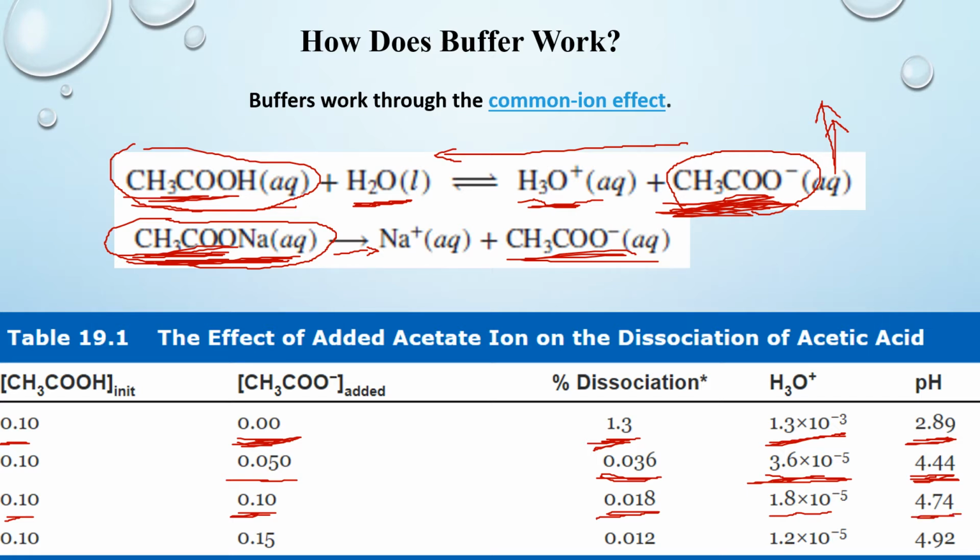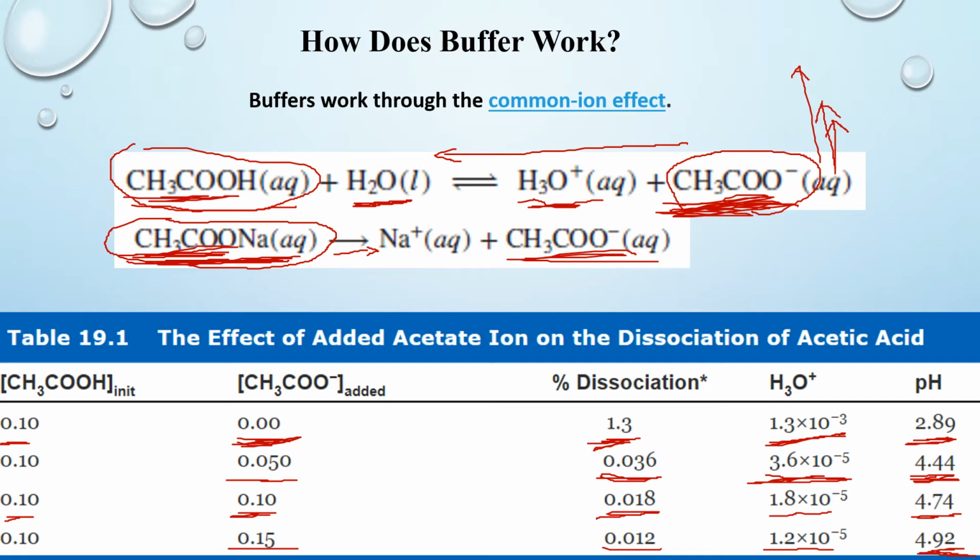In the last row, you increase the concentration of acetate to 0.15 molar, which is even higher than the concentration of the acid. Again, that will even push the equilibrium position to the left. So same deal: less percent dissociation, less proton generated, and a higher pH.